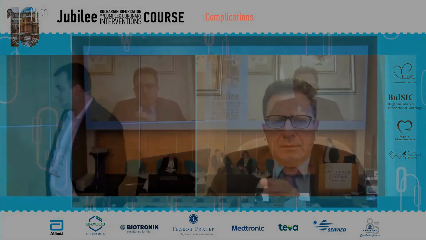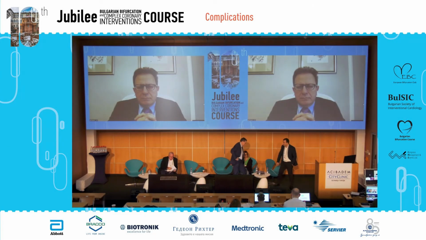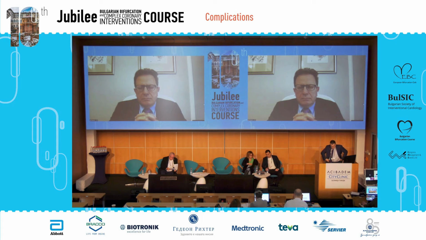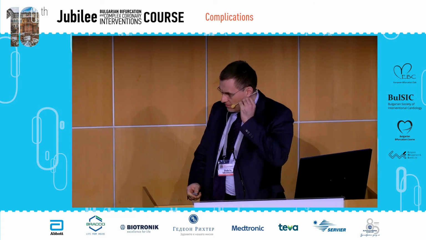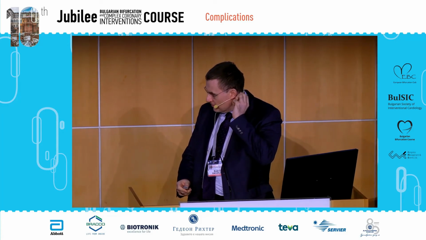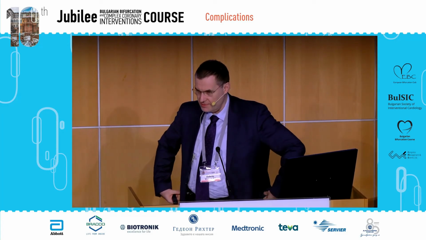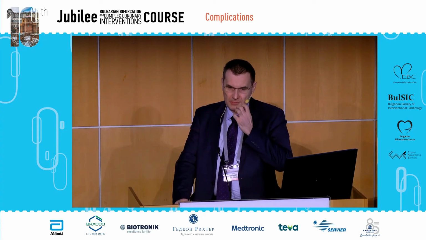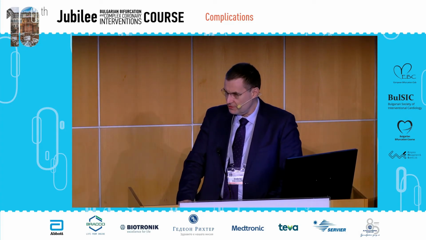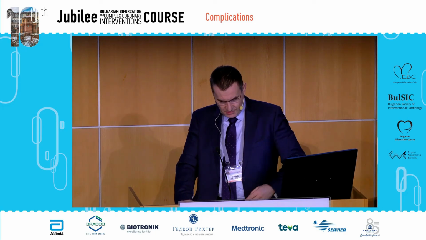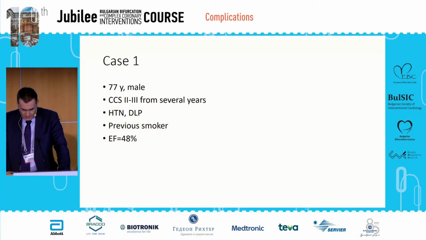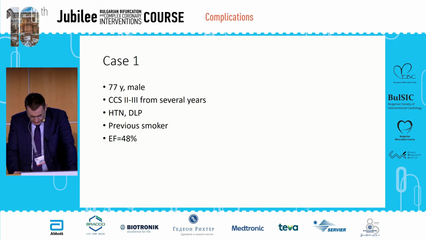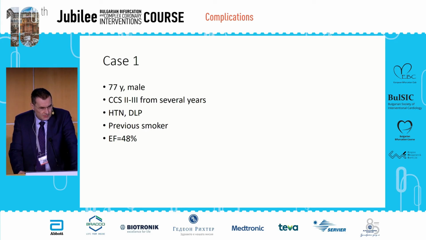Okay, so thank you, and now I will show you the last case. Something not so terrible, a very normal case. It is one solution for difficult side branch access, which was demonstrated by our Japanese colleagues maybe 6 or 7 years ago, but it is not so frequently used in daily practice.